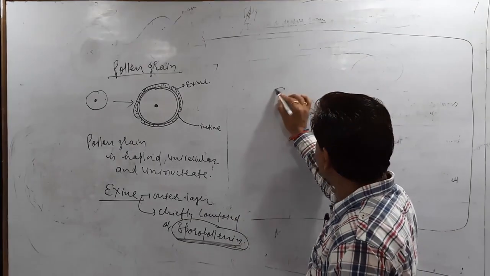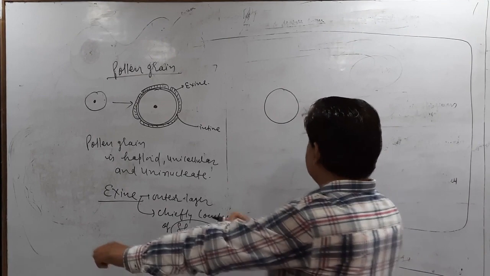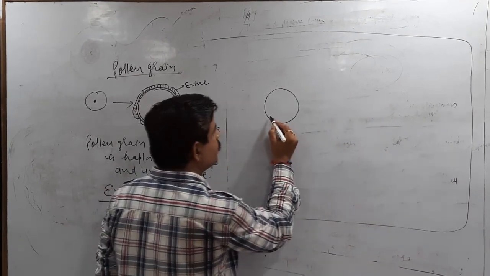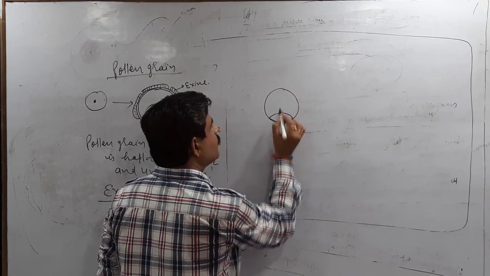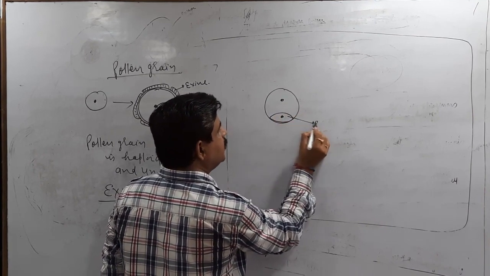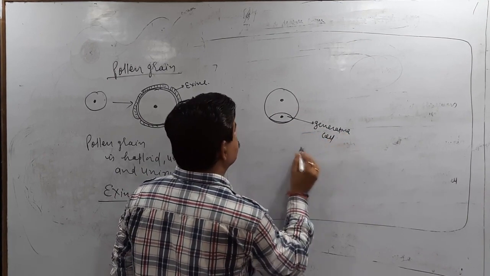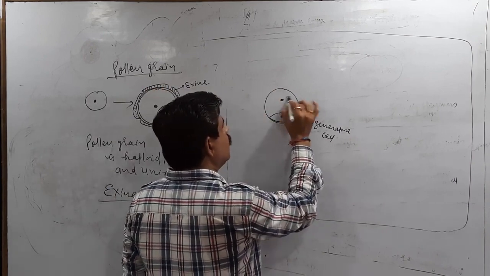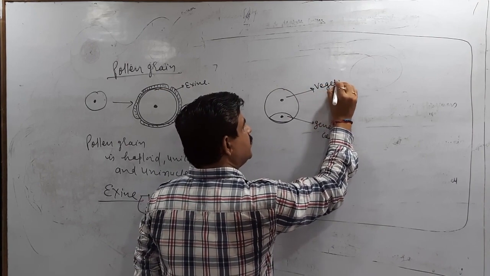The microspore cell divides, and unequal division takes place. One is a smaller cell called the generative cell, and the other larger cell is called the vegetative cell or tube cell. I am only drawing this portion.